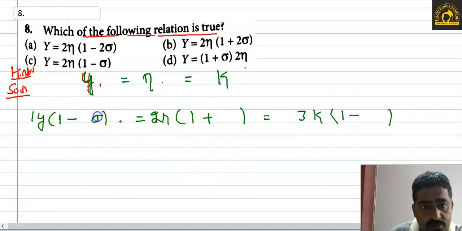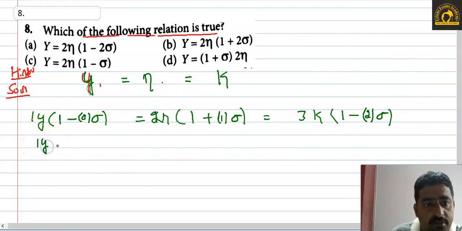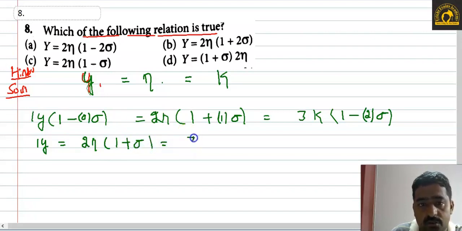Then you put sigma, sigma, sigma, multiplied with 0, then with 1, then with 2. So 1 by Y is equal to 2 eta 1 plus sigma, which is equal to 3k 1 minus 2 sigma.